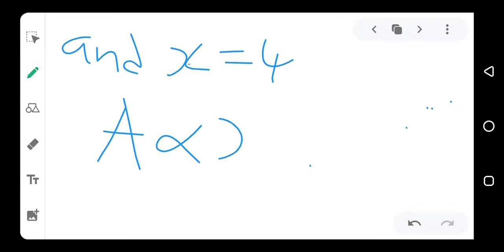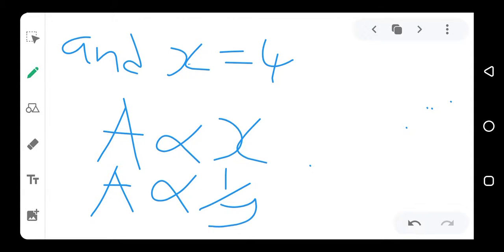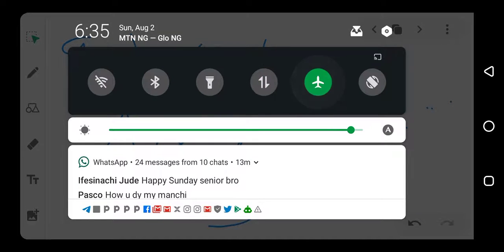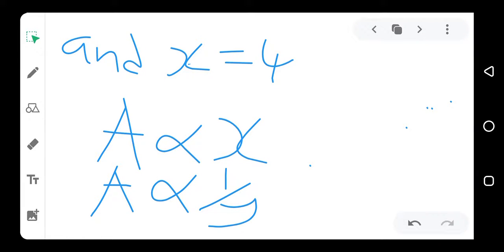And then the same A varies indirectly with Y. A varies directly with X, and A varies indirectly or inversely with Y. Now to connect this, we can also state it this way.